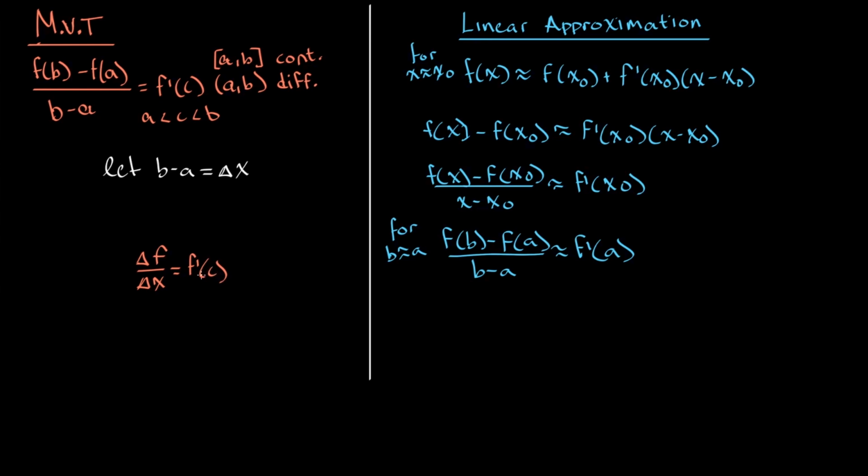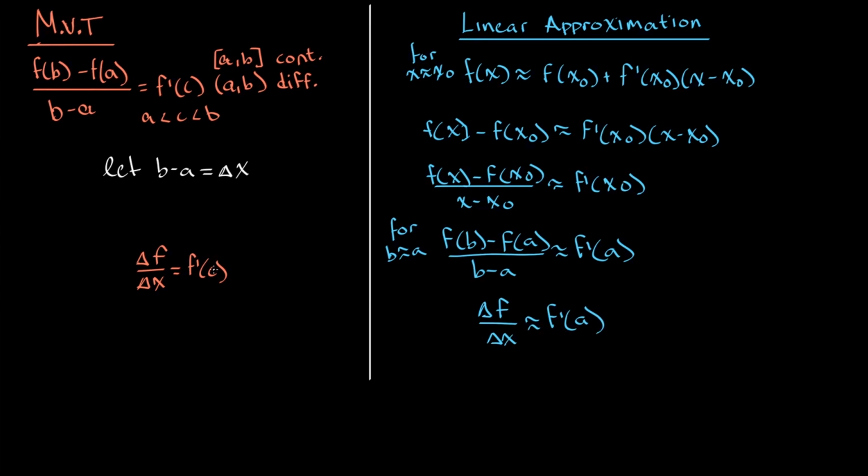And again, that c is on our interval. And then linear approximation under that notation is delta f over delta x is approximately equal to f prime of a. So these guys, you can see, are looking pretty similar.